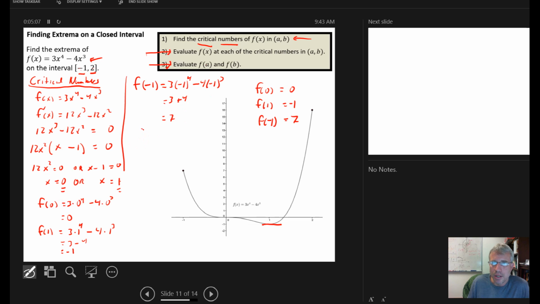The other endpoint of our closed interval is 2. So we're interested in calculating f of 2, which is going to equal 3 times 2 to the 4th power minus 4 times 2 cubed, which is 3 times 16 minus 4 times 8.